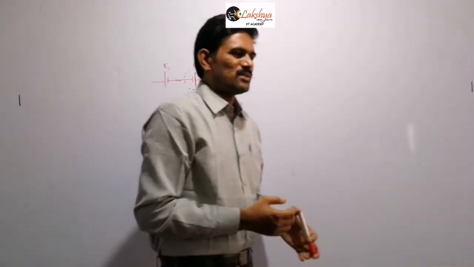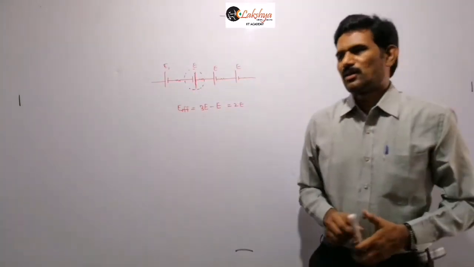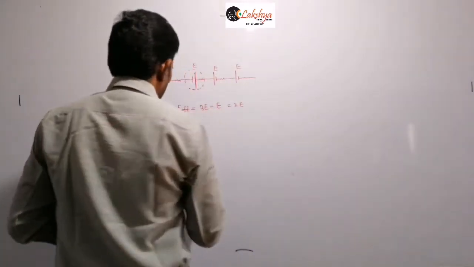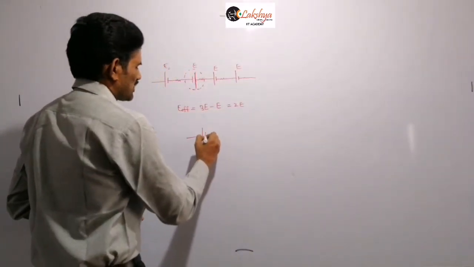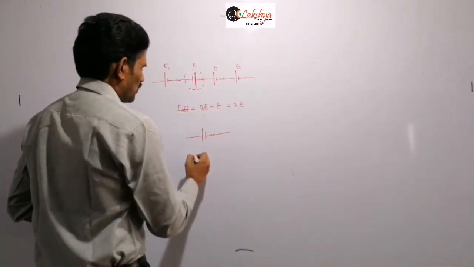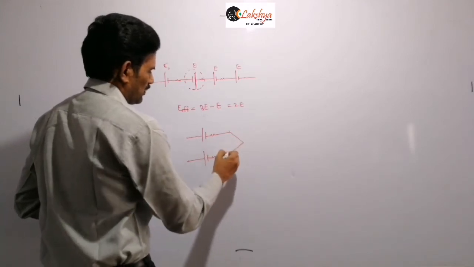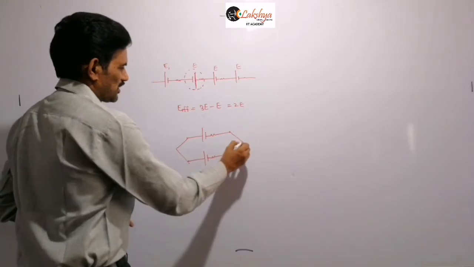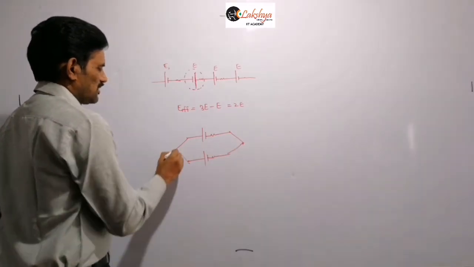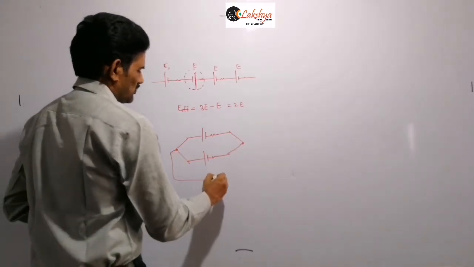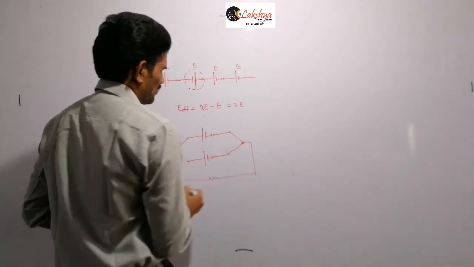And next, similarly, we discussed the parallel combination. Parallel combination means all the positive terminals of the cells are connected to one point and all the negative terminals of the cells are connected to another point. That means all the positive terminals and negative terminals are connected together like this. And we connect some external resistance across this.